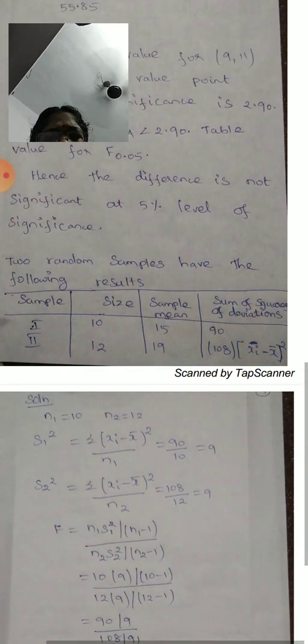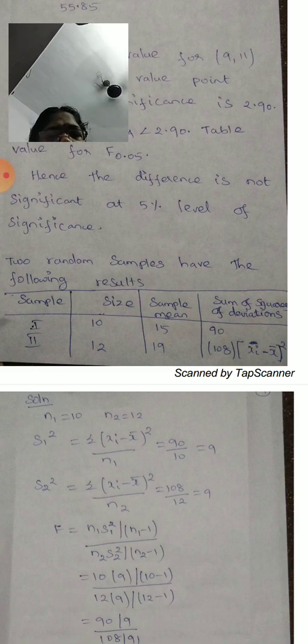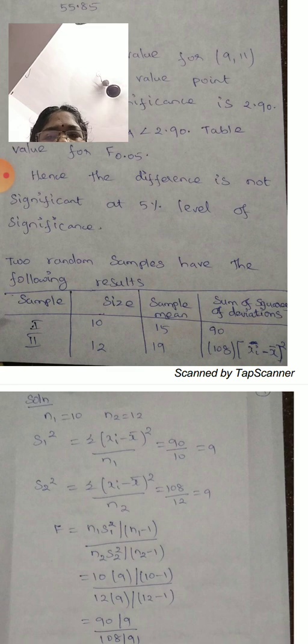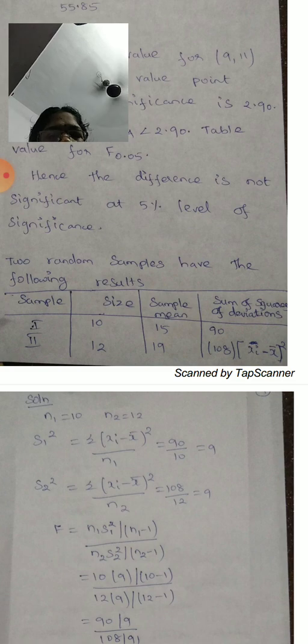Here the given values are the sample sizes, therefore we take n1 equal to 10 and n2 equal to 12. The sum of squares of deviations for sample 1 is 90, meaning summation xi minus x bar the whole squared.